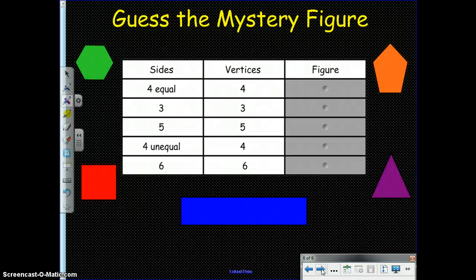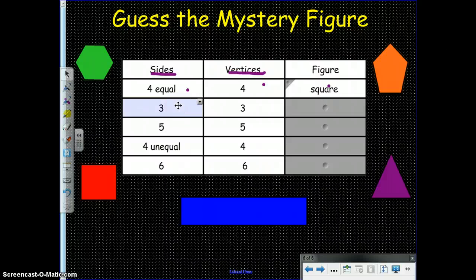So again, all polygons are named according to their sides and their vertices. If it has 4 equal sides, 4 vertices, or 4 angles, then it is, of course, a square or quadrilateral.